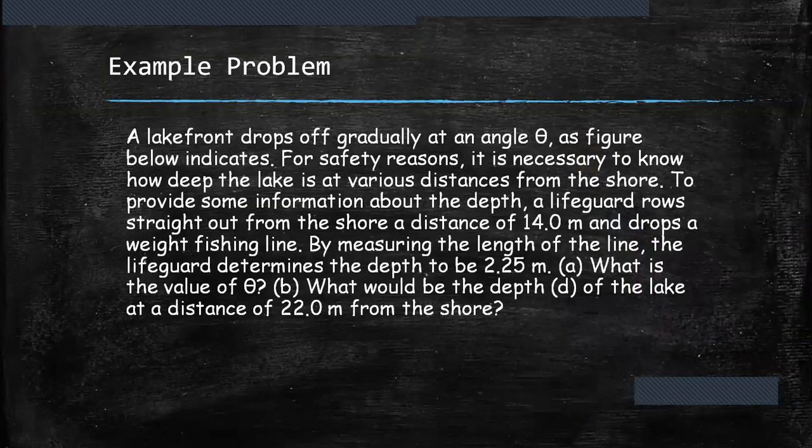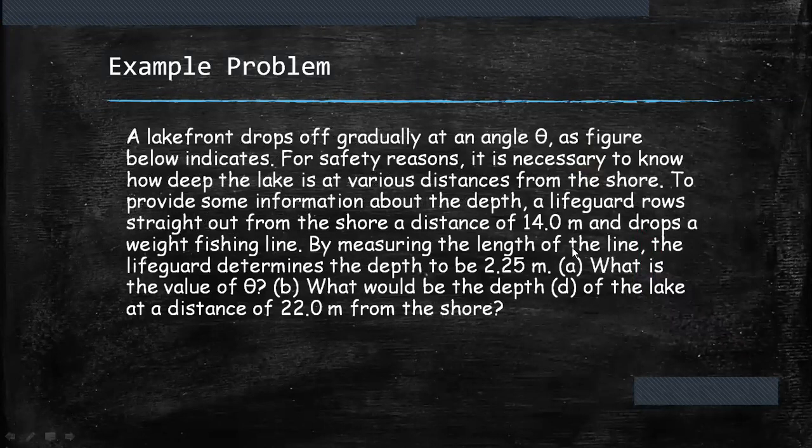Another example: a lakefront drops off gradually at an angle theta, as the figure below indicates. For safety reasons, it is necessary to know how deep the lake is at various distances from the shore. To provide some information about the depth, a lifeguard rows straight out from the shore a distance of 14 meters and drops a weighted fishing line.